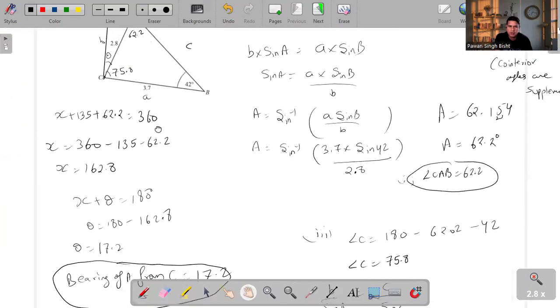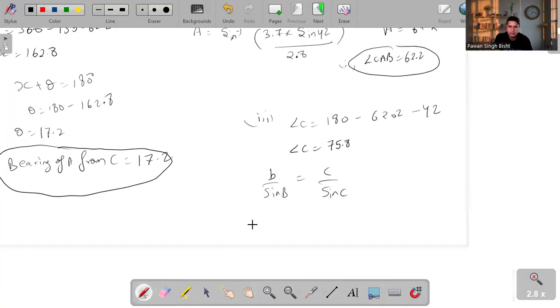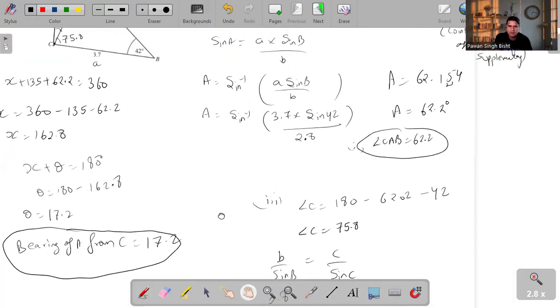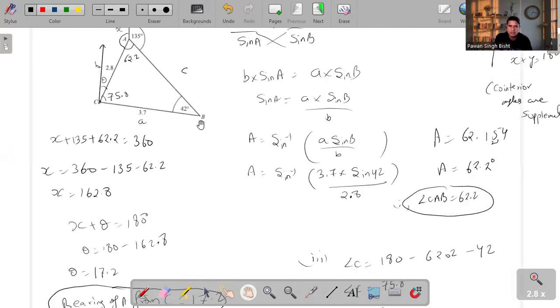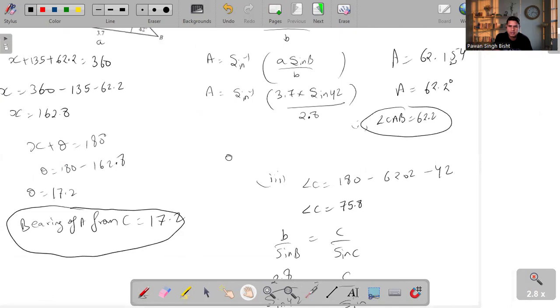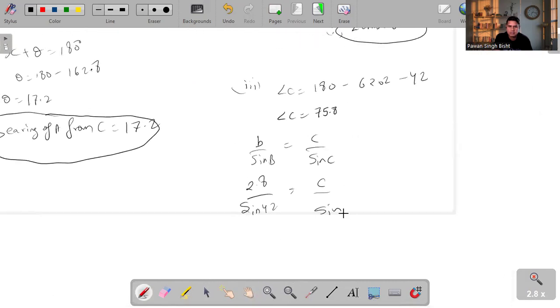Earlier we found it, small b is 2.8. 2.8 divided by sine 42 degrees equals c over sine of angle C. What is angle C? 75.8.